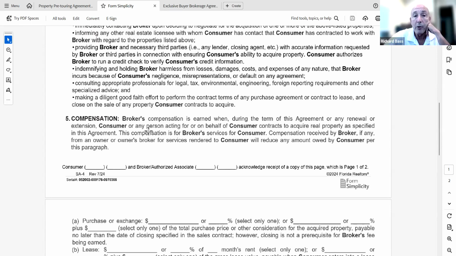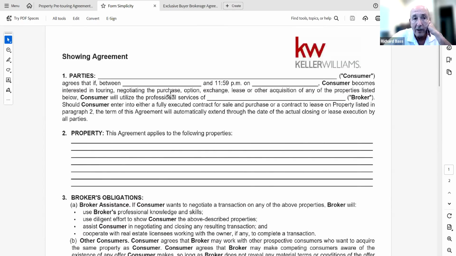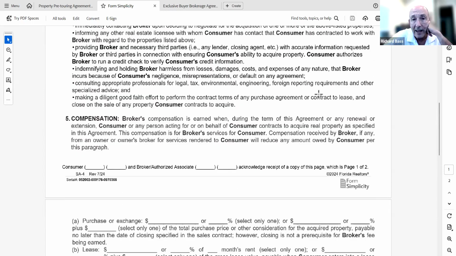Consumer, or any person acting for or on behalf of the consumer. So while you go back up here and you're putting in the parties, the name of the person you're working with, this line down here really prevents them from saying, well, my cousin Joe is going to end up buying this property, so I'm not going to owe you a commission.